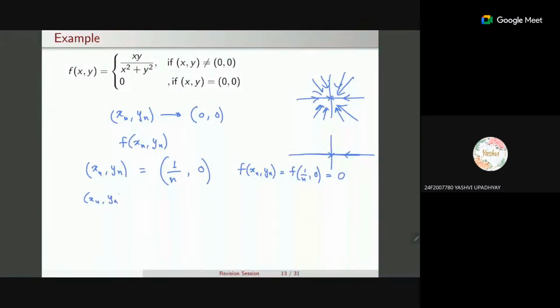Similarly, if xn, yn is just 0, 1 by n, by which I mean I'm traveling in this direction, even then f of xn, yn is 0, because the numerator becomes 0, correct? But what if xn, yn is equal to 1 by n, 1 by n?